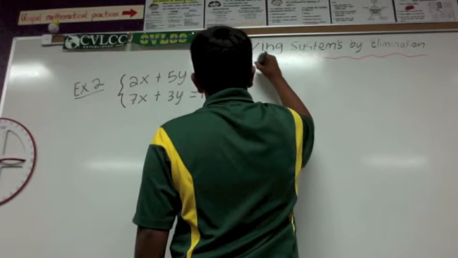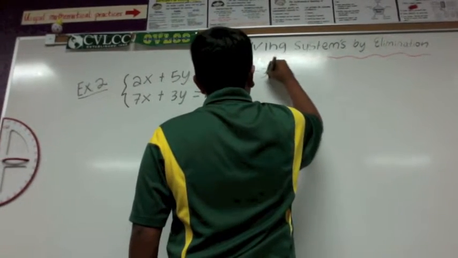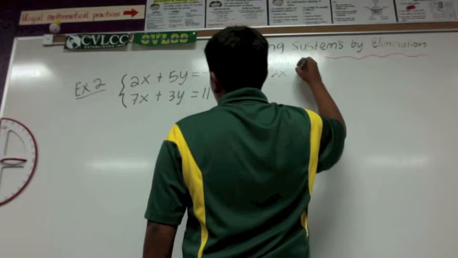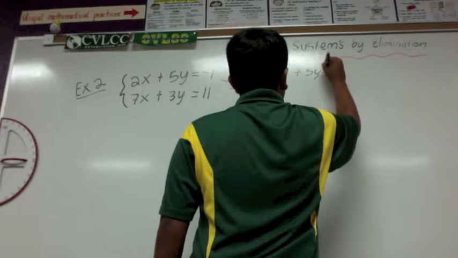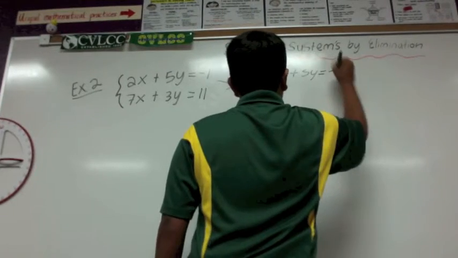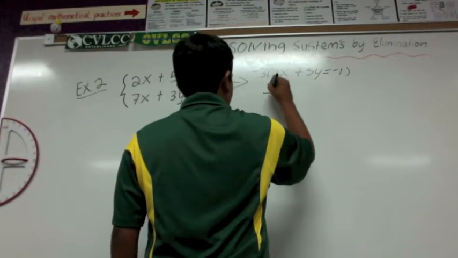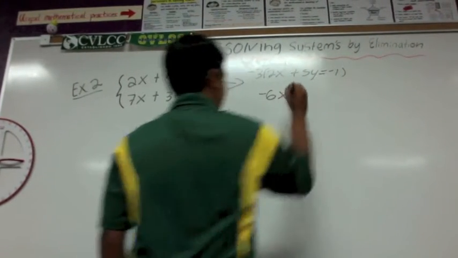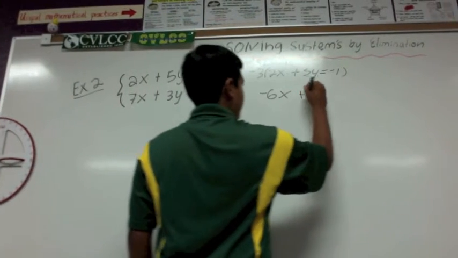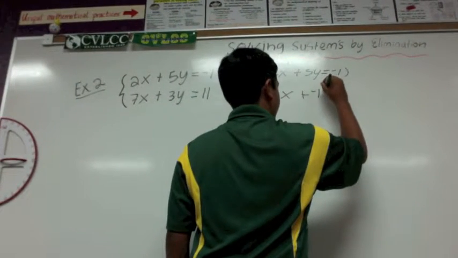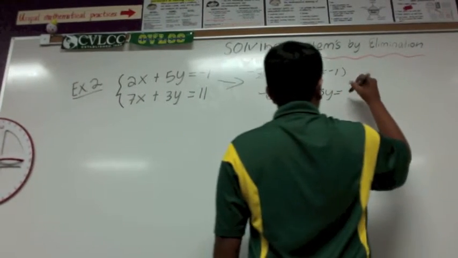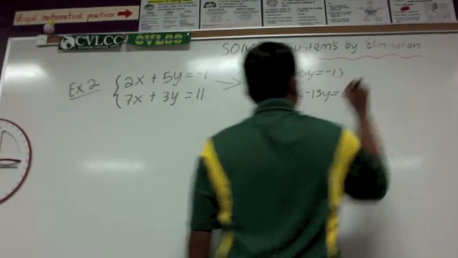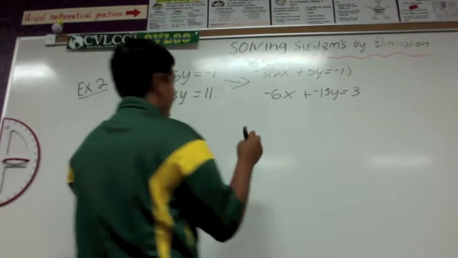So the first equation, negative 3 times 2x plus 5y is equal to negative 1. So that's going to equal negative 6x plus negative 15y is equal to 3. And then let's do the second equation.